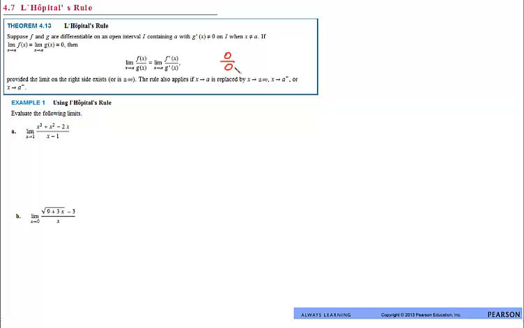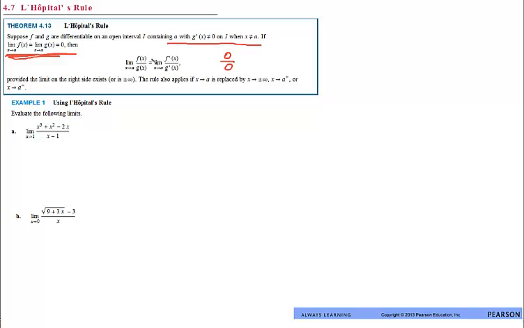Now, in order to use L'Hopital's rule, you must have an indeterminate form. These conditions must hold, meaning that I must have this 0 over 0 indeterminate form.